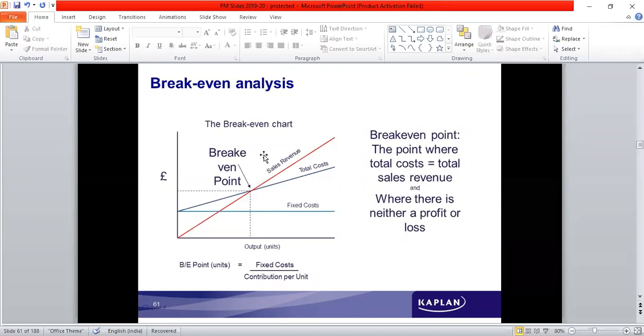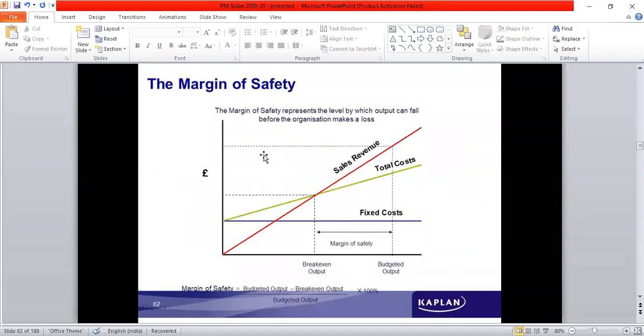In simple terms, they are safe when the sales revenue curve exceeds the total cost curve, or goes beyond the break-even point. So after the break-even point, we see that they are safe.